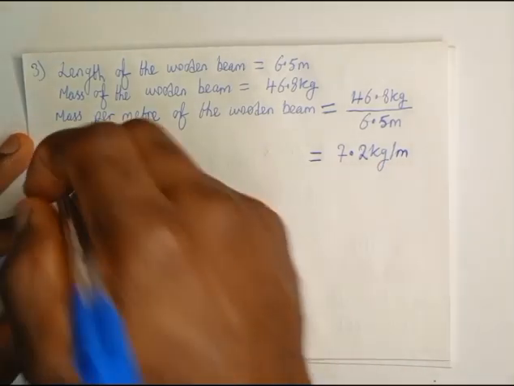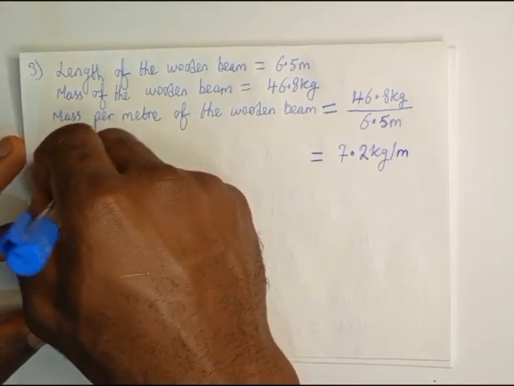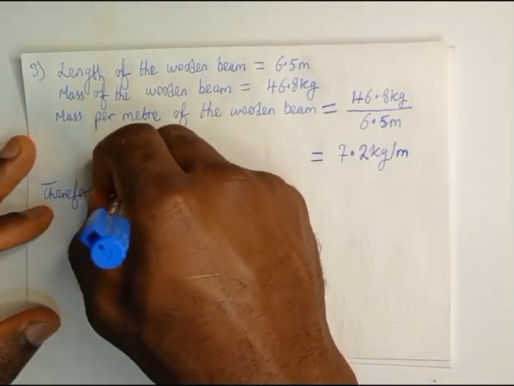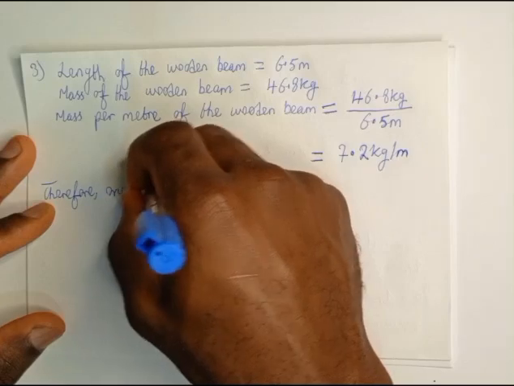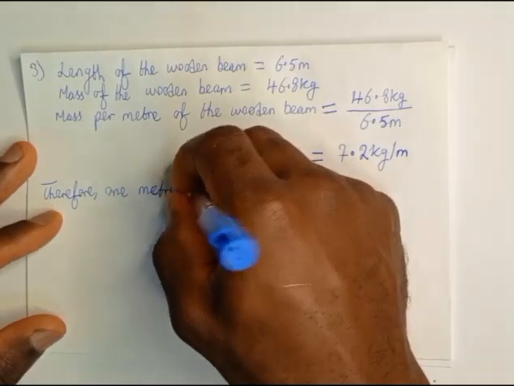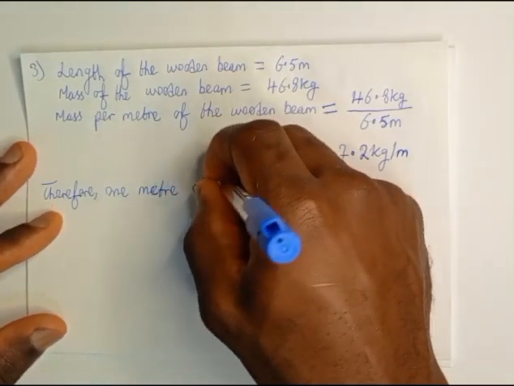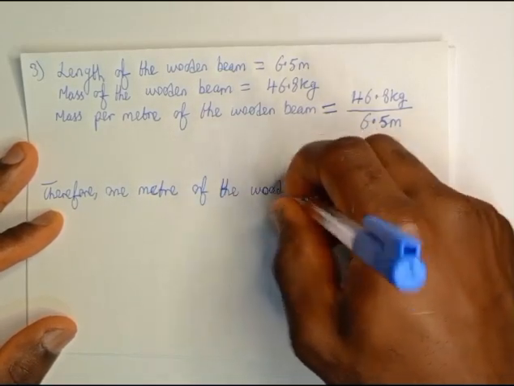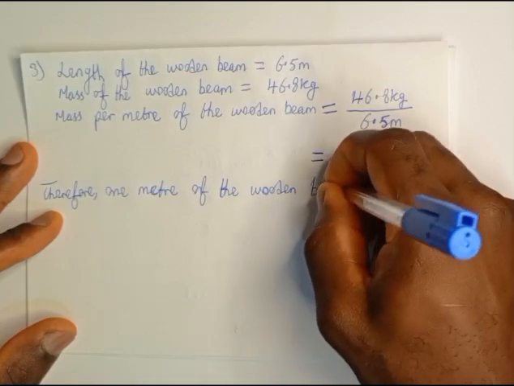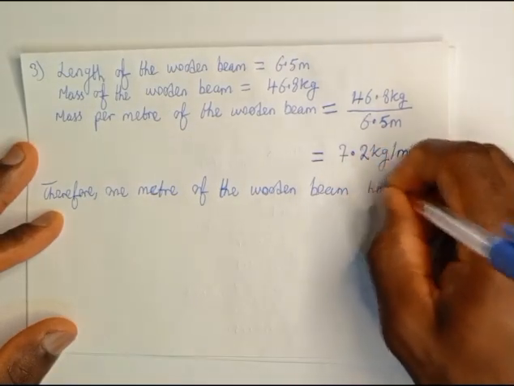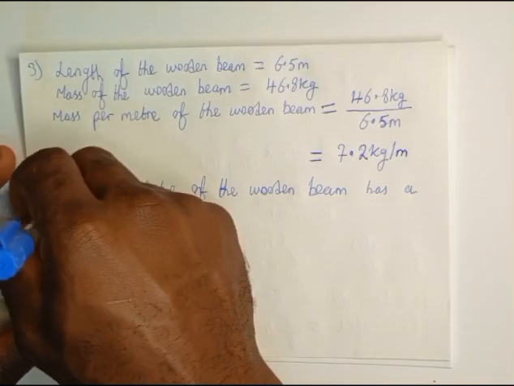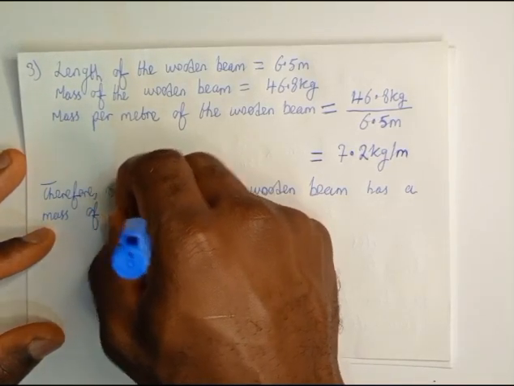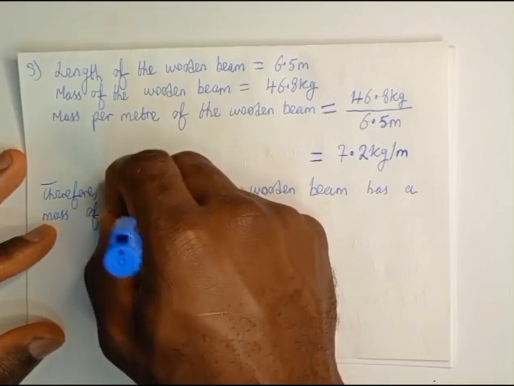We conclude, therefore, 1 meter of the wooden beam has a mass of 7.2 kilograms.